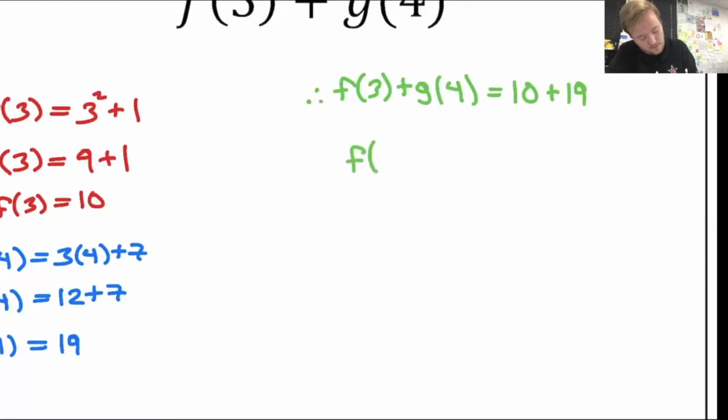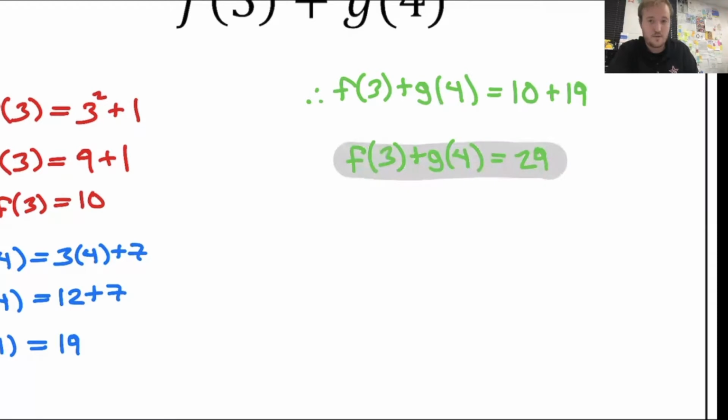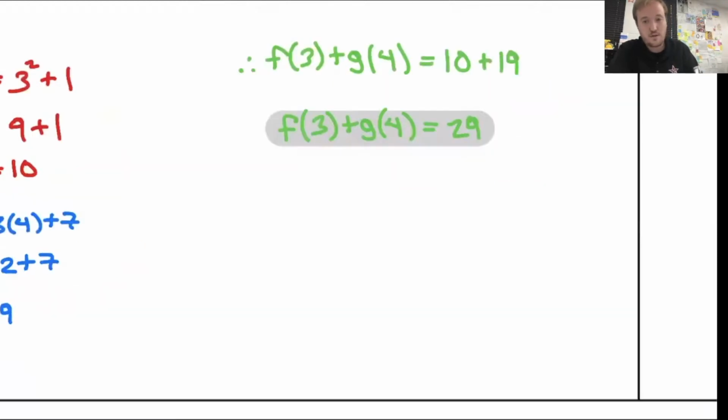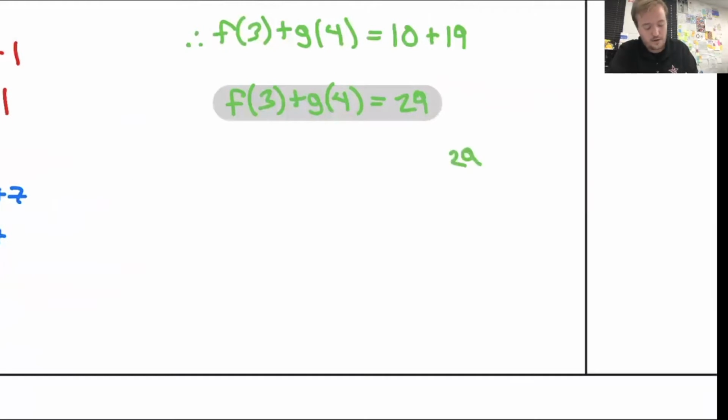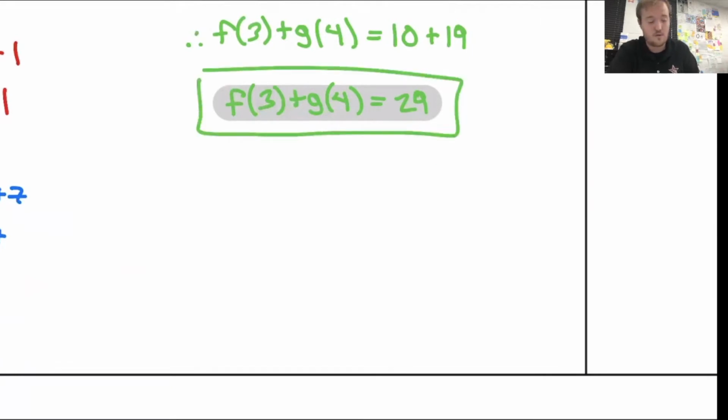So f of 3 plus g of 4 is equal to 29. So we technically want this whole thing as our answer. Okay. So notationally, yes, I could understand if you just write 29. However, we have to be very specific in our answers, so we have to include the actual notation in the answer as well.